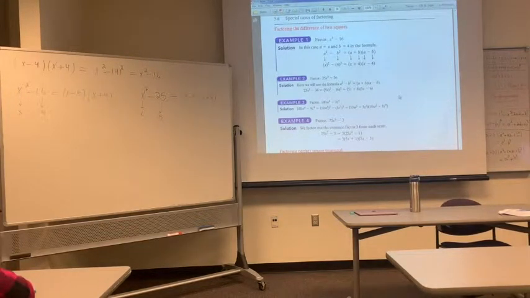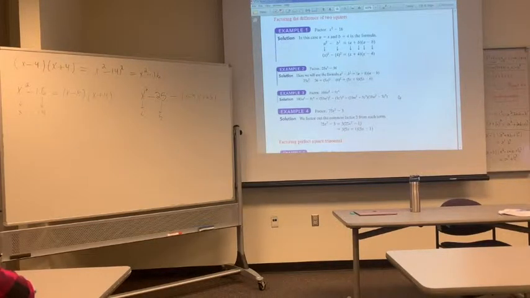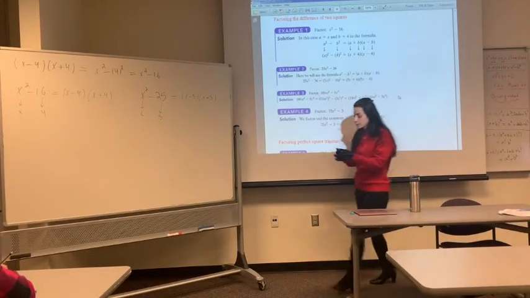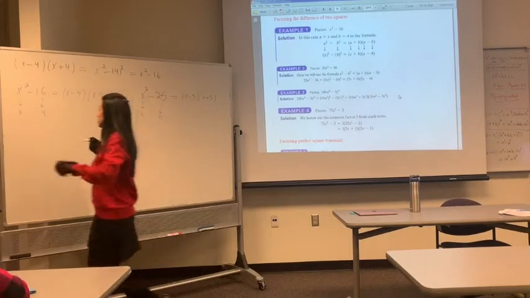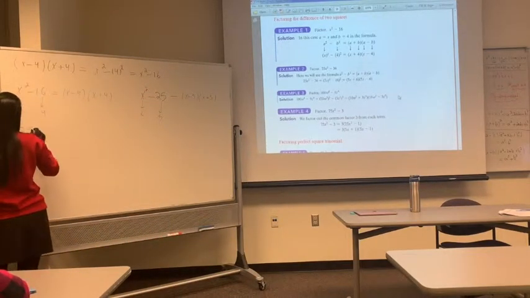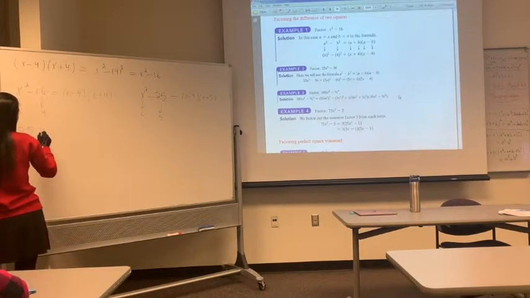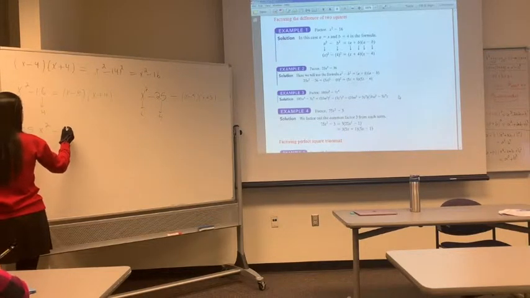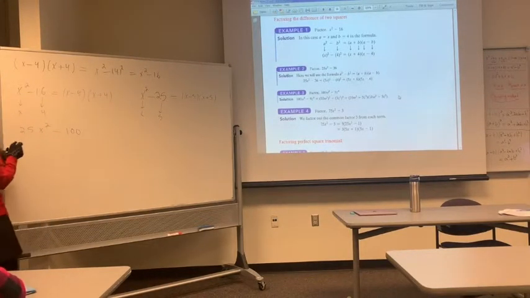So we say factoring the difference of 2 squares means the sign between these two should be a negative sign. So let's say we have 25x squared minus 100.